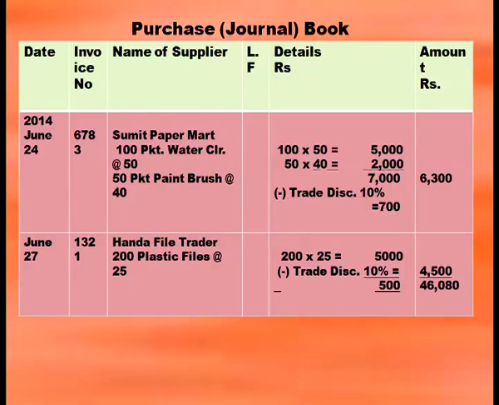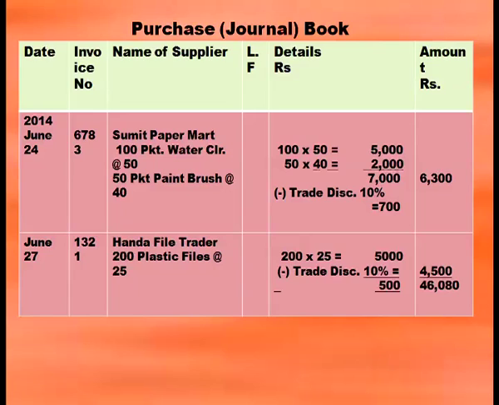Then from Honda File Trader, 200 plastic files have been purchased at rupees 25. 200 into 25, 5,000 rupees. Trade discount at 10%. 5,000 into 10 by 100, 500 will come. 5,000 minus 500 will come to 4,500.